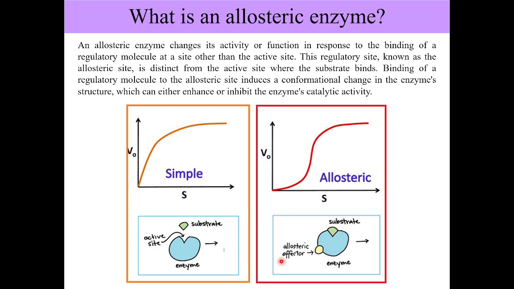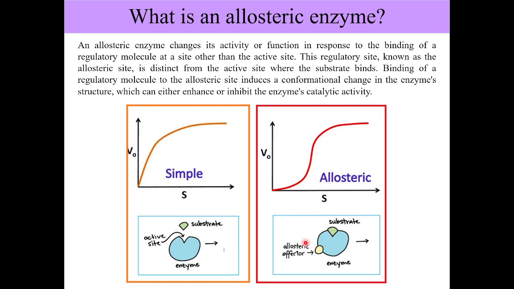This effector molecule can be either an activator or an inhibitor. If it is an activator, we see this graph: initially the enzyme activity is low, then the effector molecule binds and the activity suddenly increases, giving a sigmoid curve.